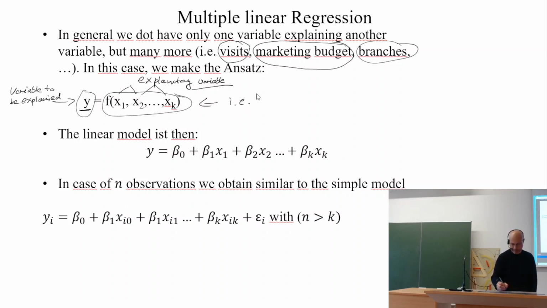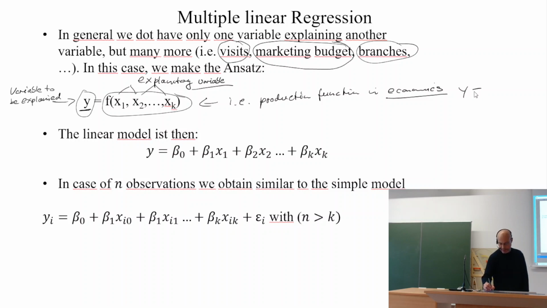So also in general, we can say that you can think of this as the production function. An example, production function in economics. Maybe you have seen production functions like input capital to the alpha, labor input to 1 minus alpha.